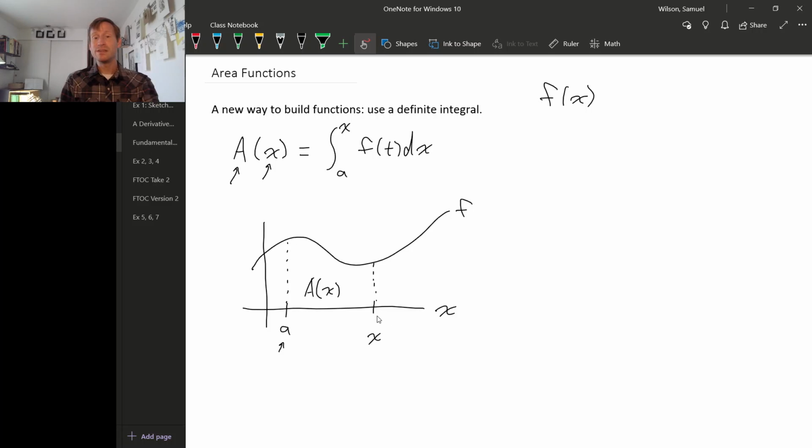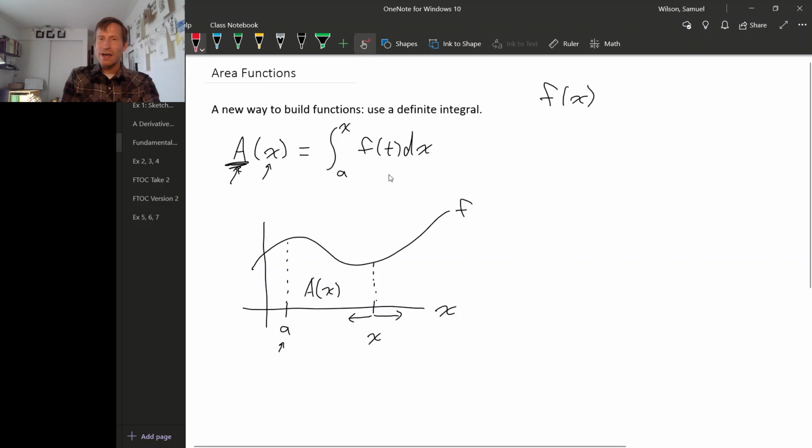You can see if we slide the right-hand edge of this region left or right, the area of the resulting shape changes, and that means that this capital A really is a function of x. The number it produces depends on the x value that you start with.